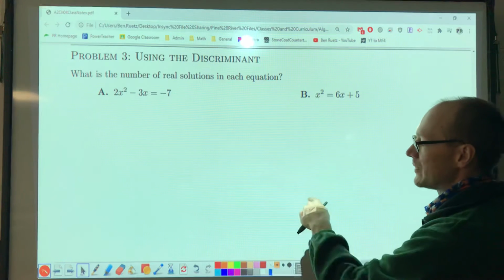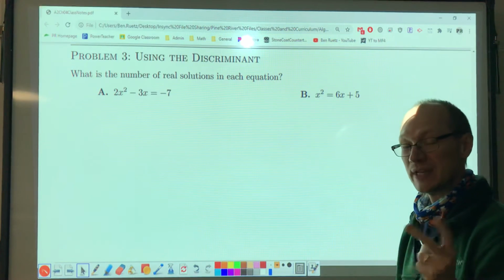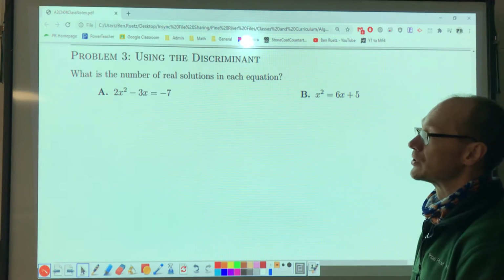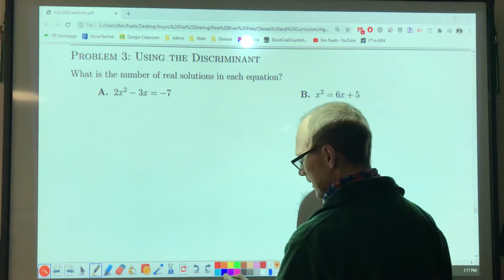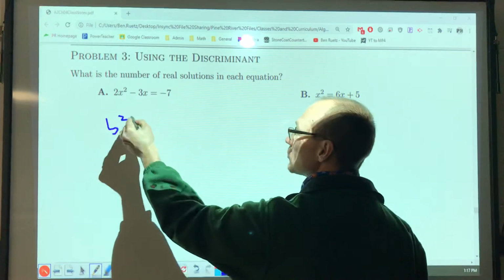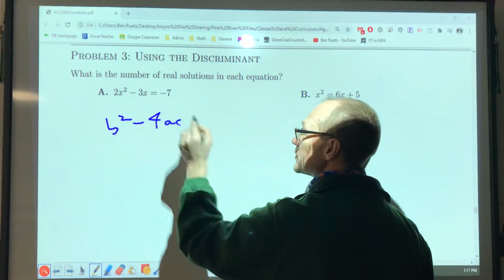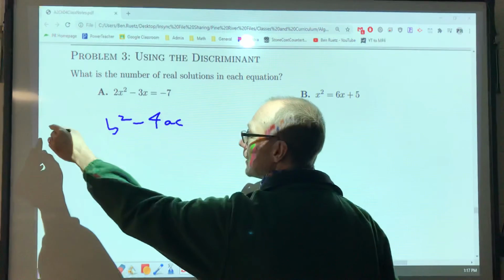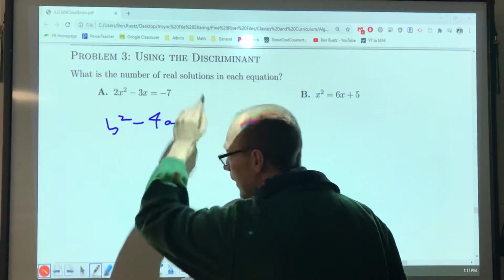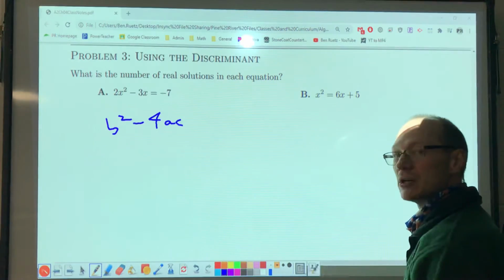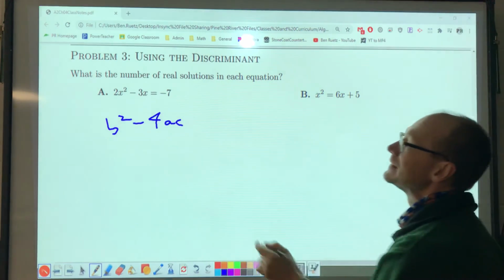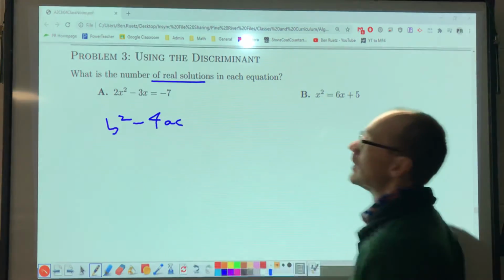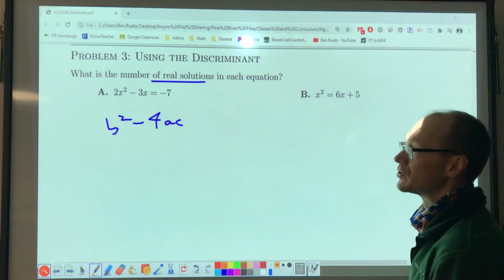And if you have the square root of a not perfect square, then you have 2 irrational real solutions. So that means what I can do then is simply look at the b squared minus 4ac. Not the square root, not the opposite of b plus or minus the square root divided by, just the part under the square root. And if I look at just the part under the square root, I can determine how many real solutions there are going to be.